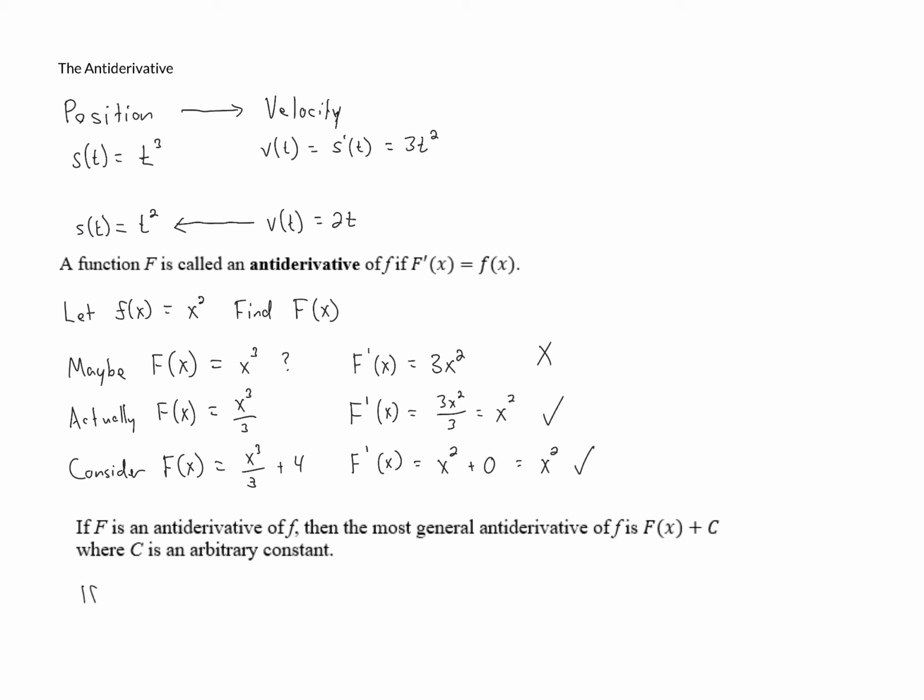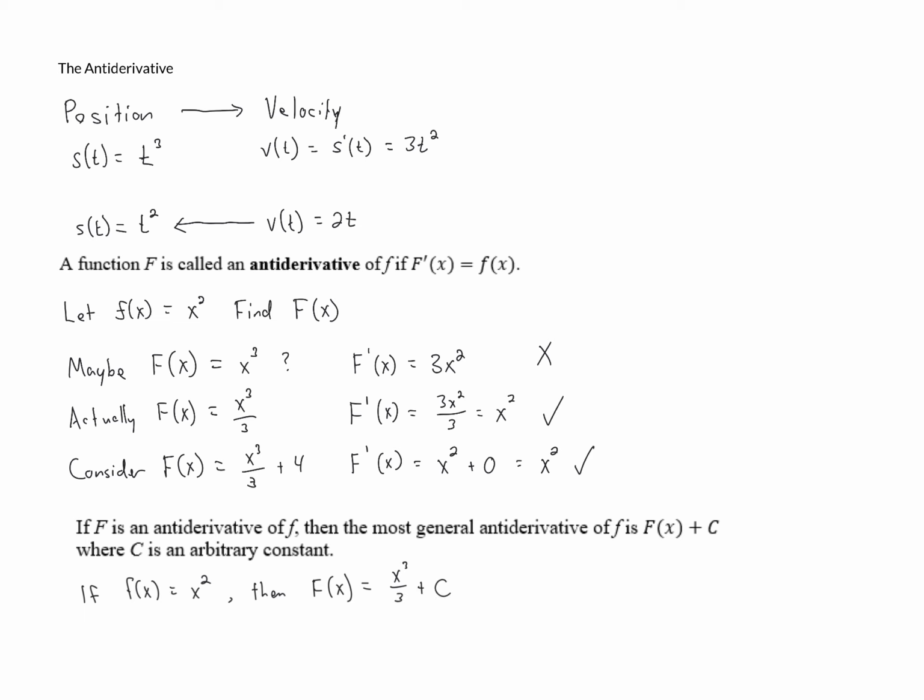So if we have, in this example, f of x equals x squared, then the general antiderivative, capital F of x, is going to be x cubed over 3 plus c, plus a constant.